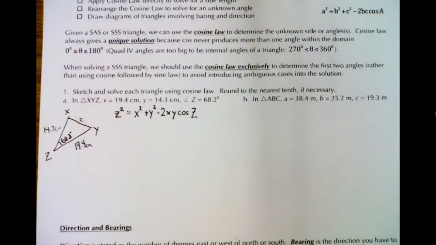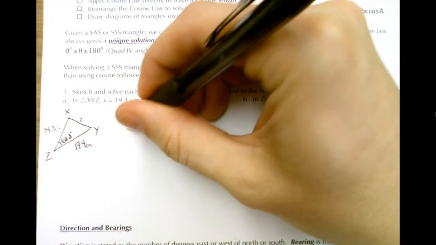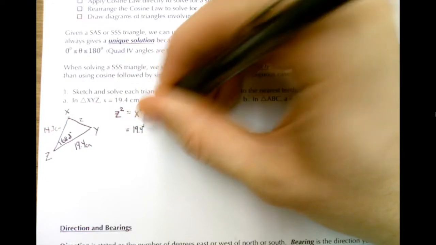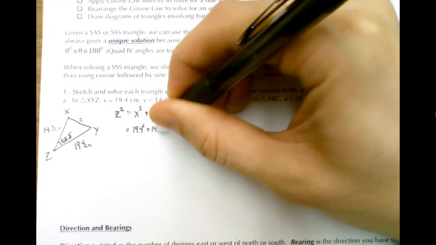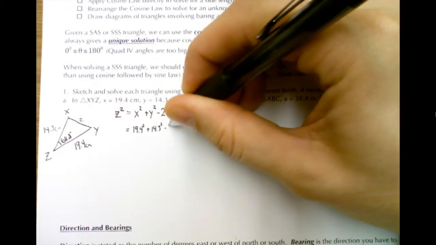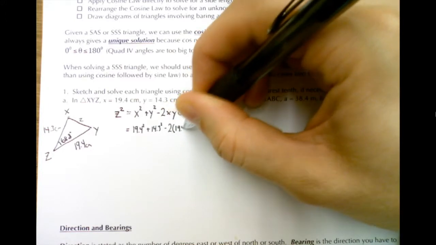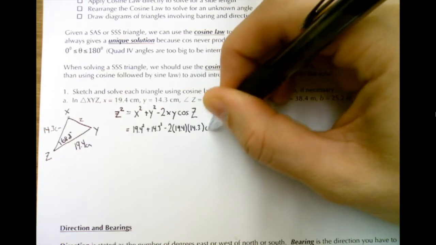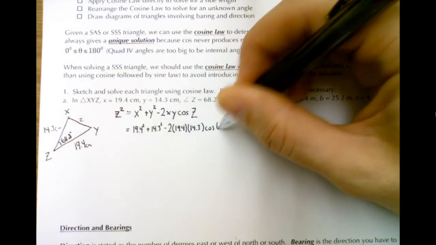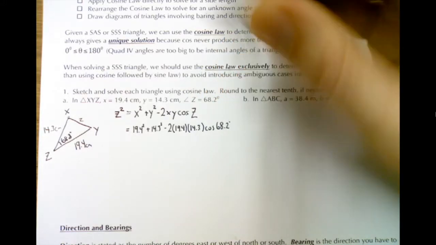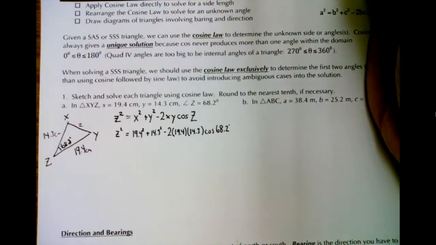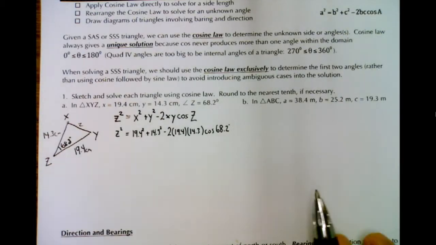Now we can fill in what we know. We know that x is 19.4, y is 14.3, minus 2 times 19.4 times 14.3 cos 68.2. To solve the cosine law, I would suggest either of two approaches.